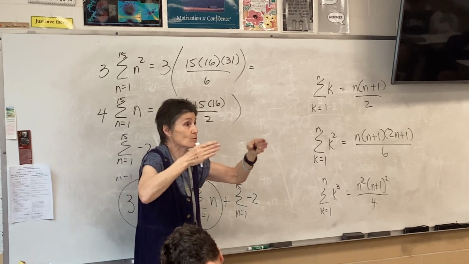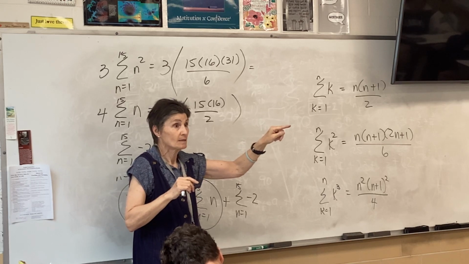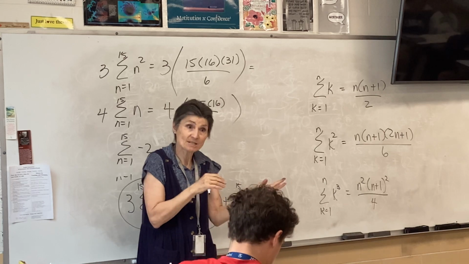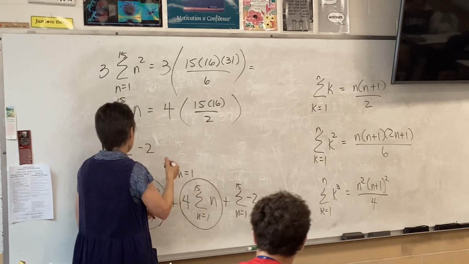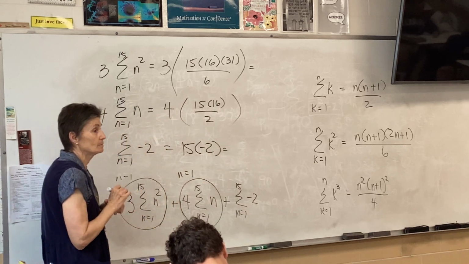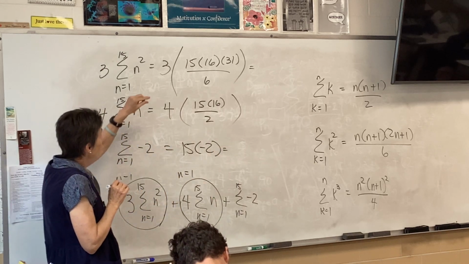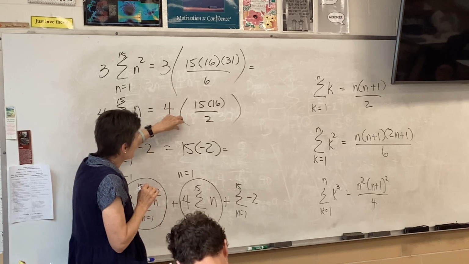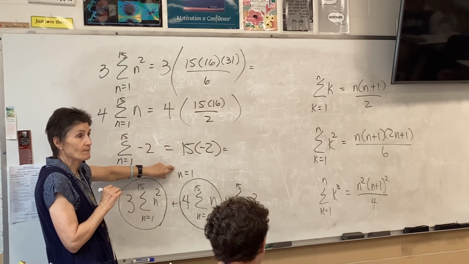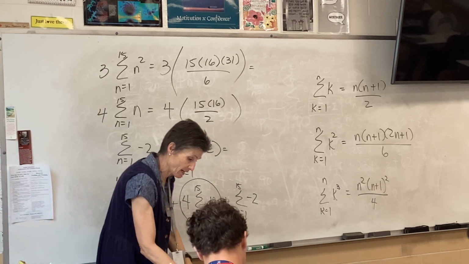Didn't every one of those terms have a minus 2 in it? So since there are 15 terms, there's going to be 15 minus 2's altogether. So that's just going to be 15 times negative 2. So now I will figure out each one of these partial sums, add them all together, and that will give me my sum.